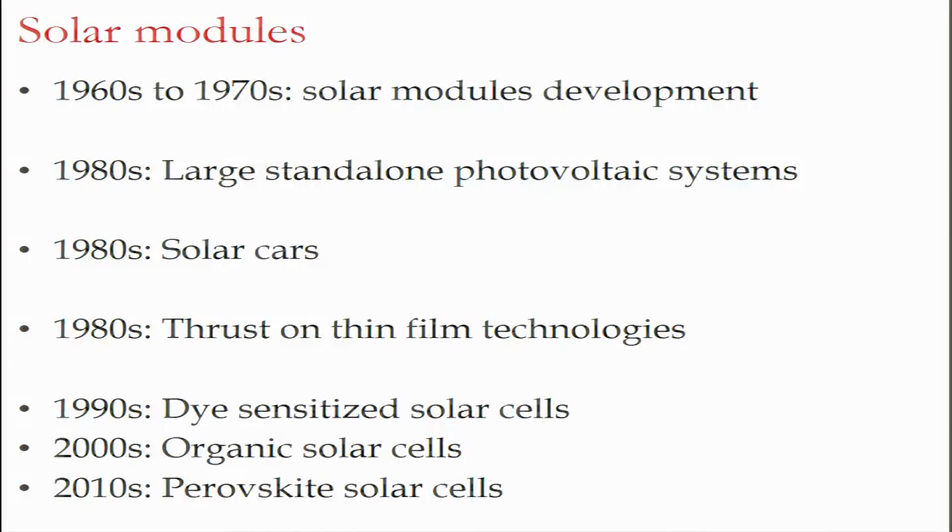And then with the discovery of new materials, in the 1990s Gratzel's group discovered the dye sensitized, that is electrochemical, solar cell. In the 2000s a lot of research was done on organic solar cells, which are based on polymer and plastics based materials. And in 2010 we have intensive research on perovskite solar cells, and somewhere in between we also have multi-junction solar cells.